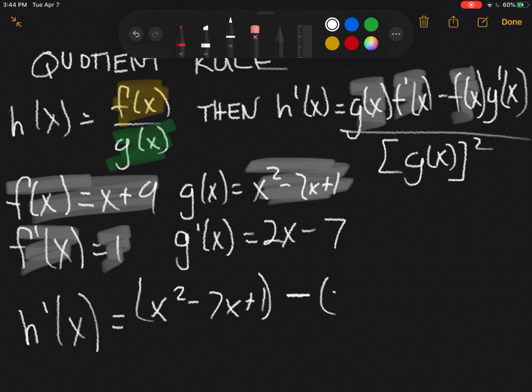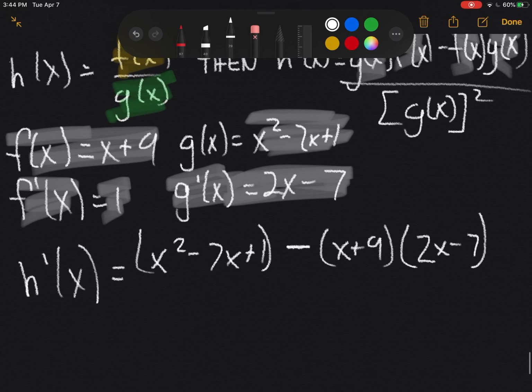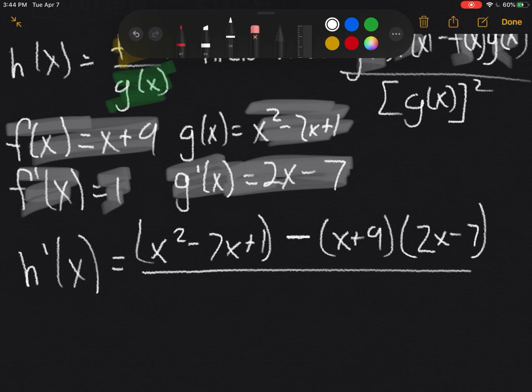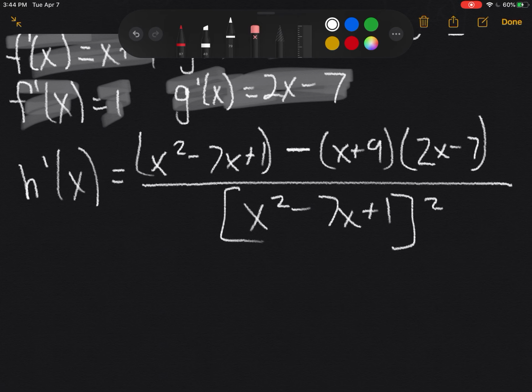And then I'm going to subtract f of x, which is this function right here, x plus 9, times g prime of x, which is this function right here, 2x minus 7. And all of that is going to be divided by my g of x function squared. So here's my g of x function squared.